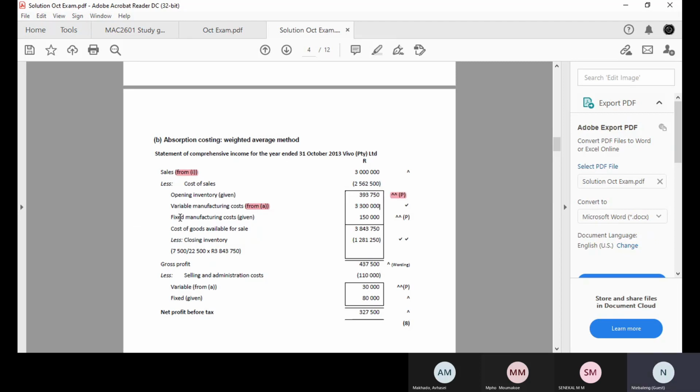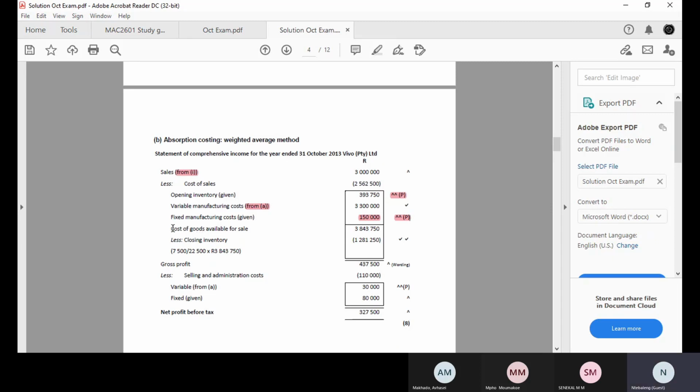Then fixed manufacturing overheads, it's given, it's the 150, you put it there, it's a principal mark. It's just to show that you understand. That's what's key. Show that you know what the absorption costing method involves.